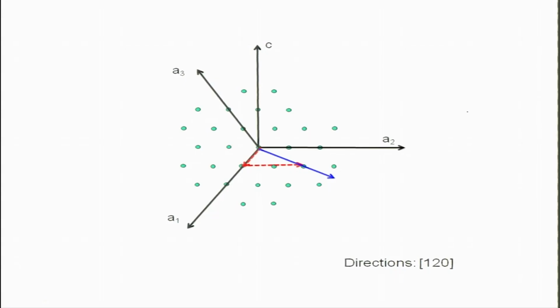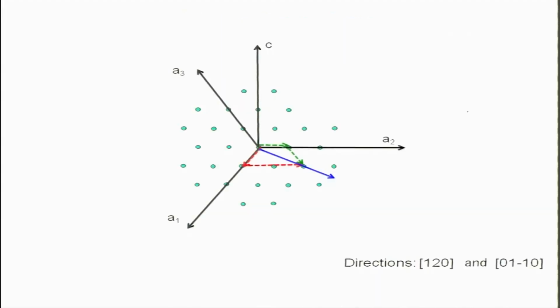Now, what will I do if I want to draw in 4 coordinate system? In 4 coordinate system, this is the direction 0 1 bar 1 0 direction.